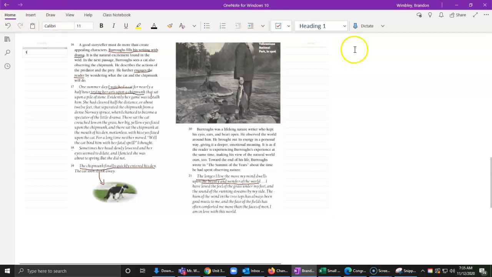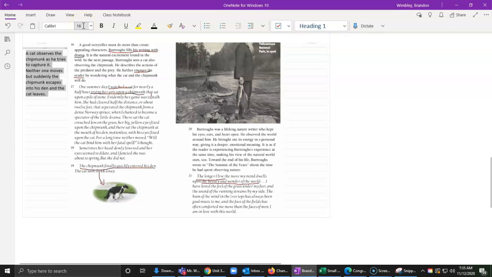Well, we notice something about the cat. A cat observes the chipmunk as he tries to capture it, period. Neither one moves, but suddenly the chipmunk escapes into his den and the cat leaves, period. So that's what's happened in this section right here.